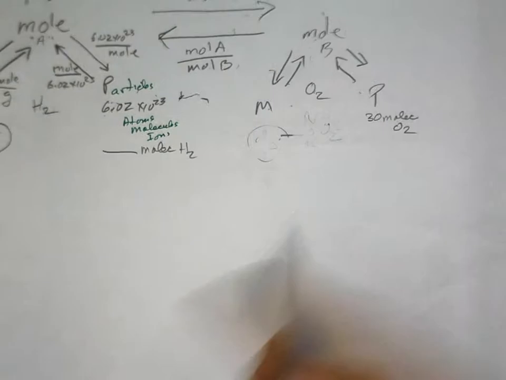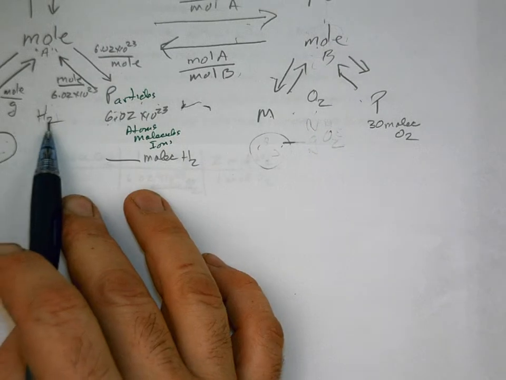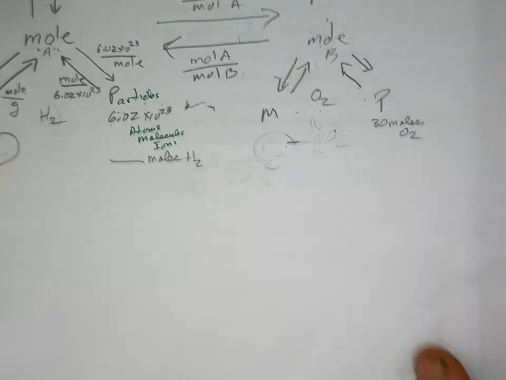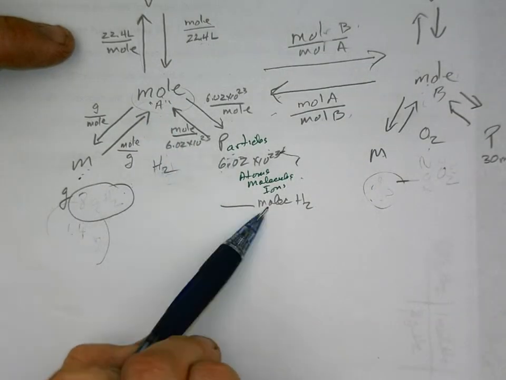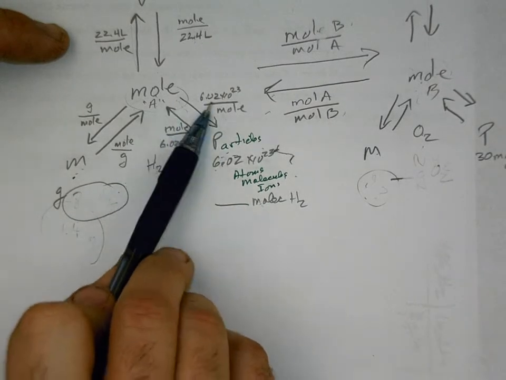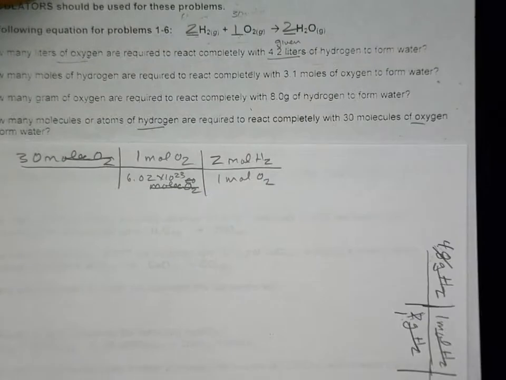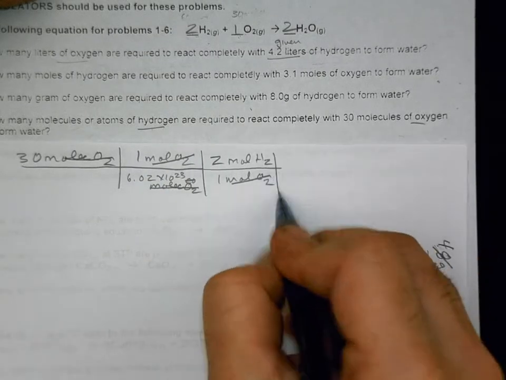Again, we're going from oxygen to hydrogen, so what we're going to needs to be on top: moles of hydrogen over moles of oxygen. Moles of O2 cancel out.